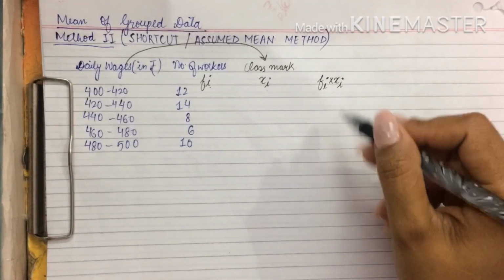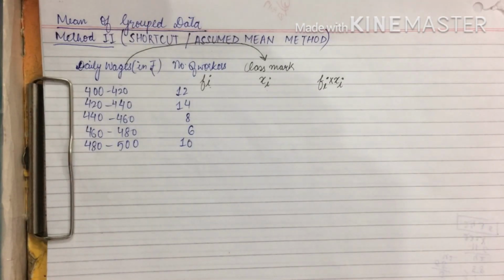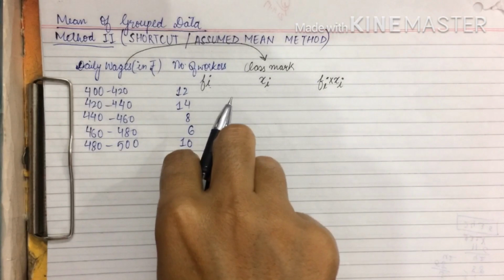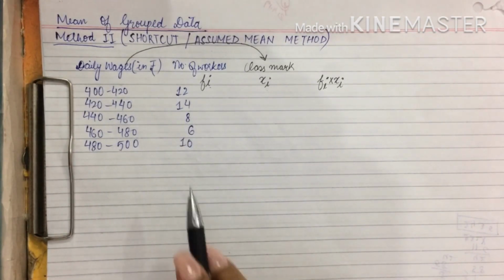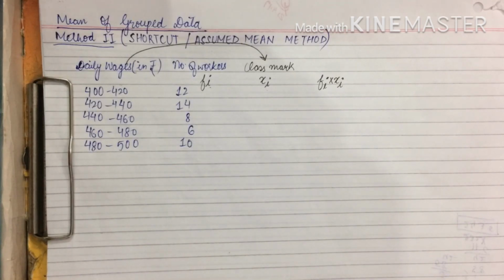These products will be added, and the total will give me the sum of observations. The total of these products will be divided by the total of frequencies. The total of frequencies tells me the number of observations. So I'll be using these two to find the mean in case of the direct method.